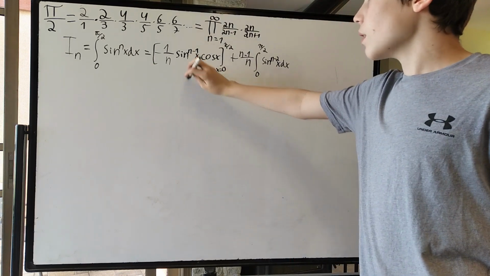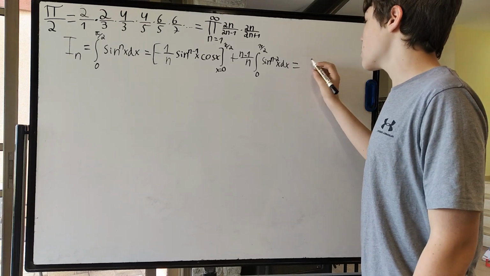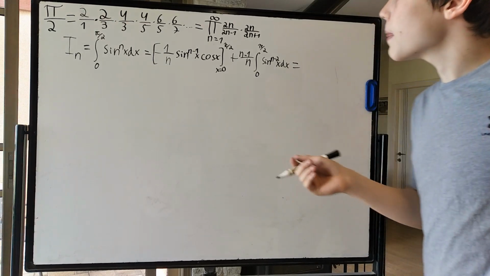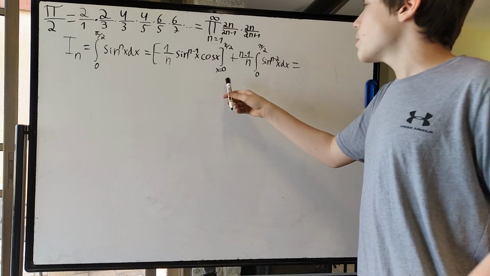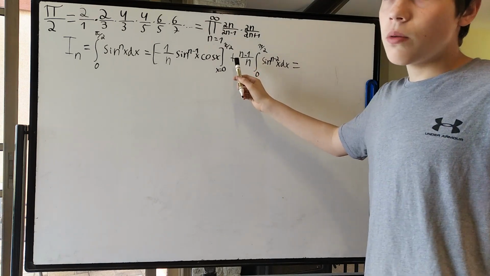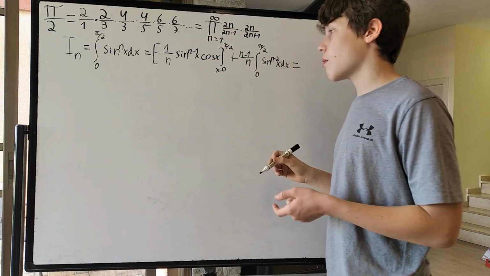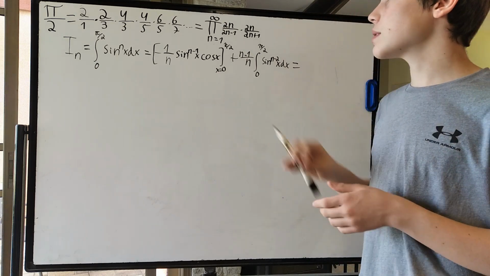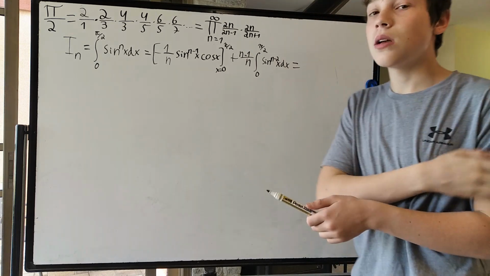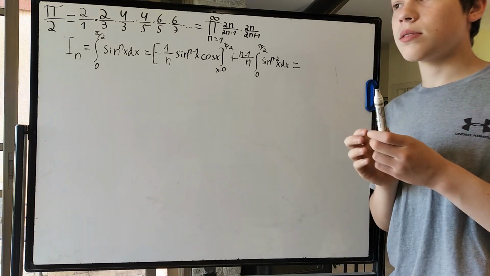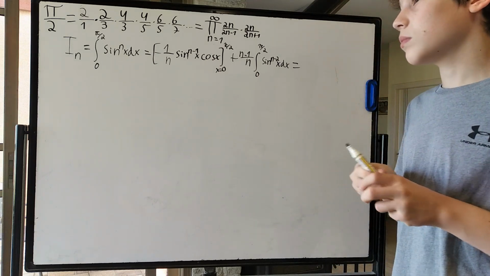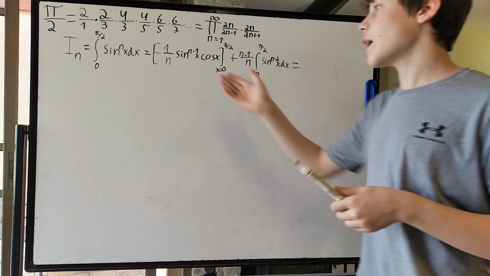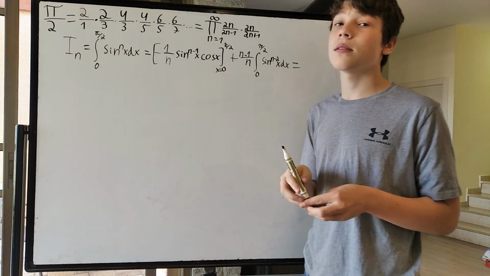Now, this is equal to what? If we plug in pi over 2, we'll have cosine pi over 2, which is 0. If we plug in 0, we'll have sine to the n minus 1 of x, which will be either 0 or 1, depending on whether n is equal to 1 or not.